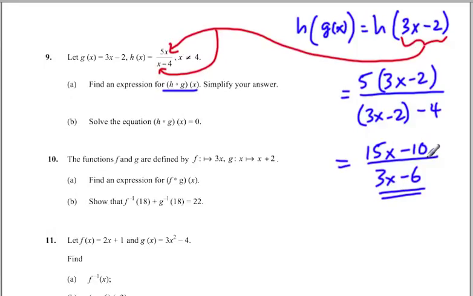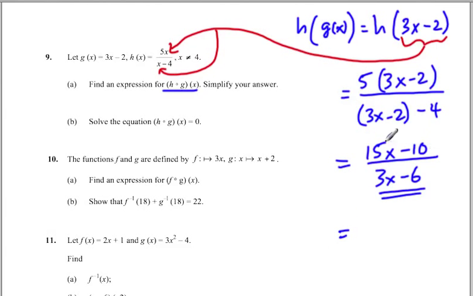Actually, can this be simplified? No, I don't think it can be simplified any further. Actually, it might be. Let me just check.